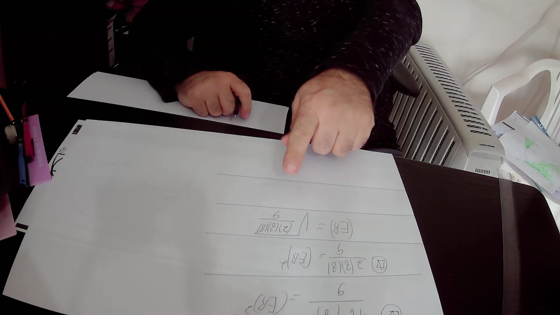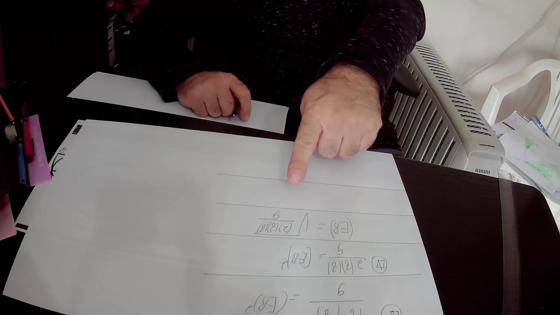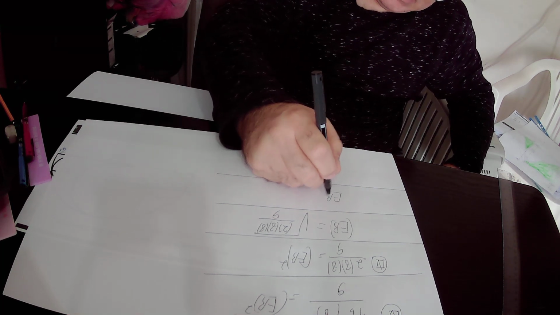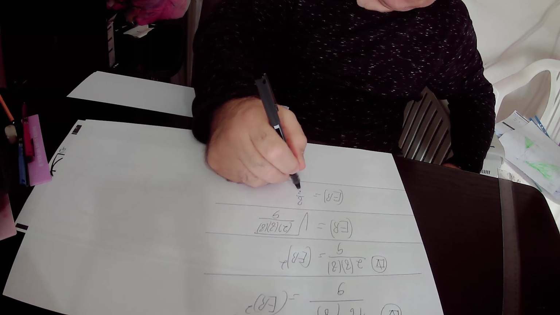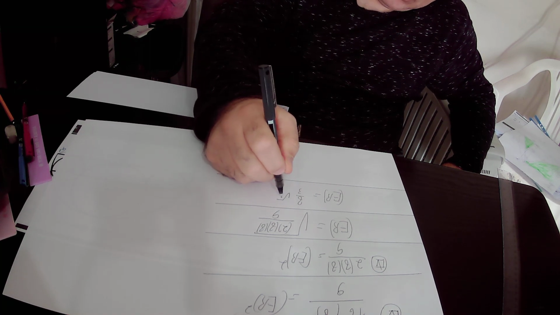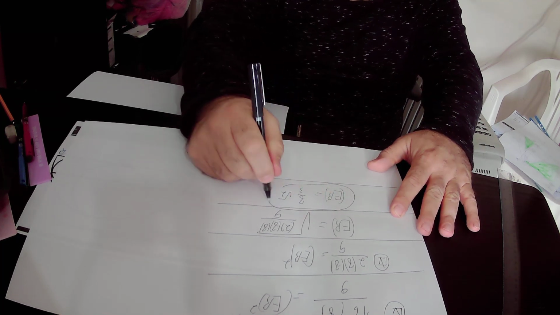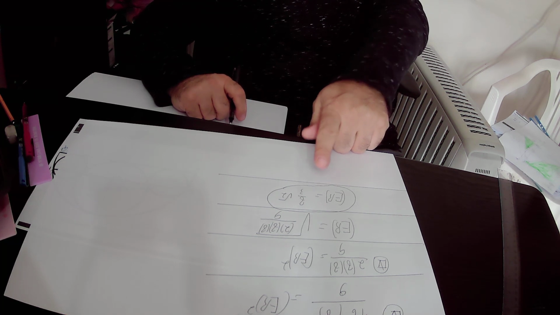And the square root of 8 times 8 is 8, and the square root of 9 is 3. So I write it down. In total we will get that EB equals 8 over 3 times square root of 2 units. So we found out the value of EB.